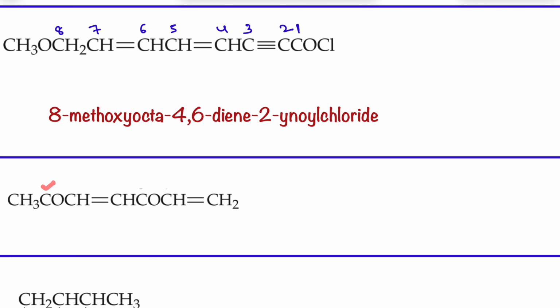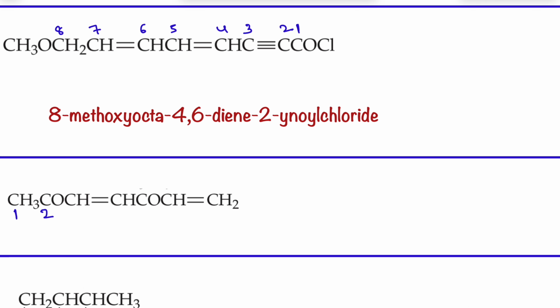Here you have one ketone, here you have one ketone. First priority, first you need to consider the ketone functional groups. If you start numbering from the left side, one ketone is at 2, then 3, 4, 5. So 2,5 versus 3,6: definitely here we are saying 2, here we are saying 3. So numbering must be from the left side.